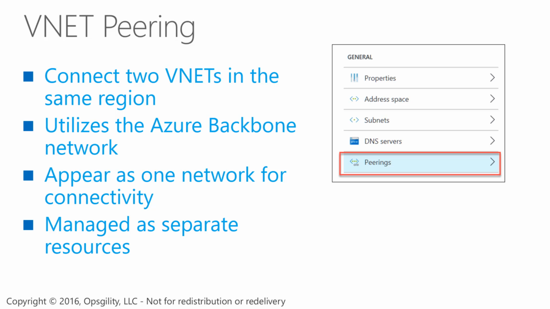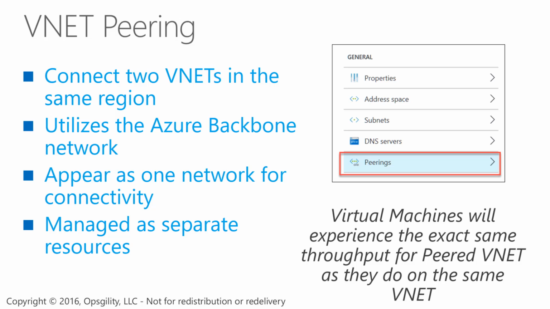Traffic passed between peered VNets traverses the Azure private network, and it is not encrypted. Note that the network latency for a round trip between two virtual machines in peered virtual networks is the same as for a round trip within a local virtual network.